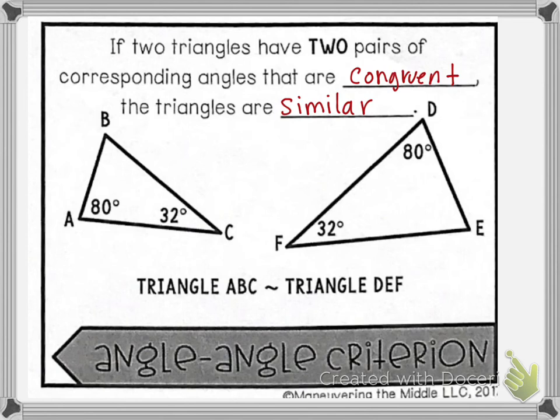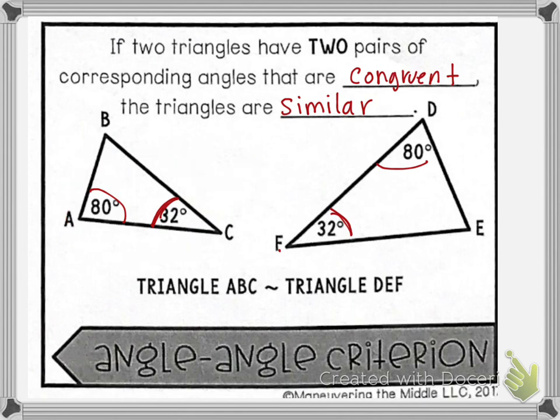So here, this triangle ABC is the same shape as FDE, because they have 32 here, then they have 80 here, and so basically this triangle is just rotated to fit the other triangle.